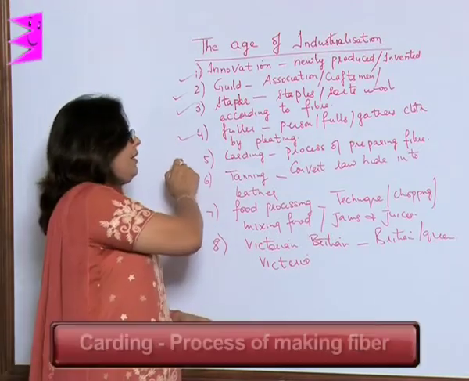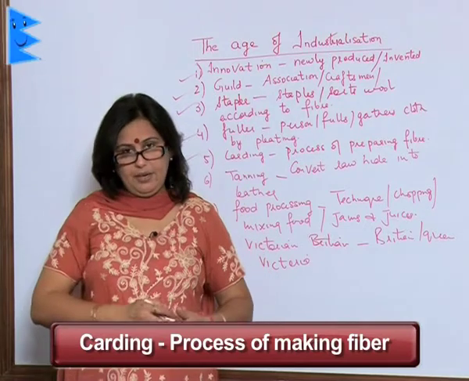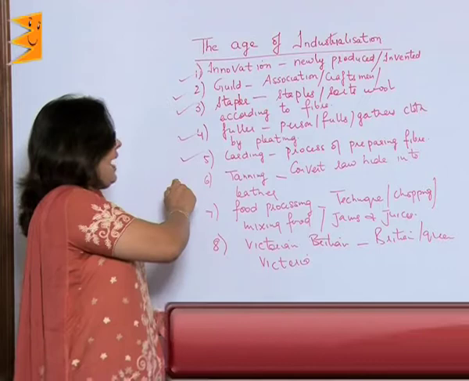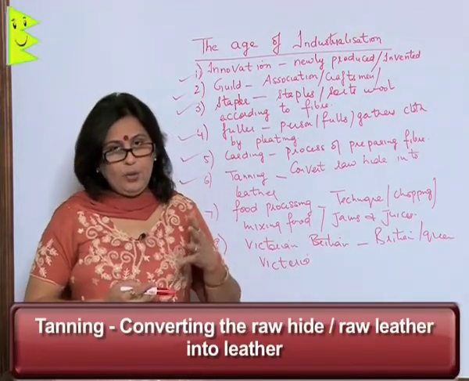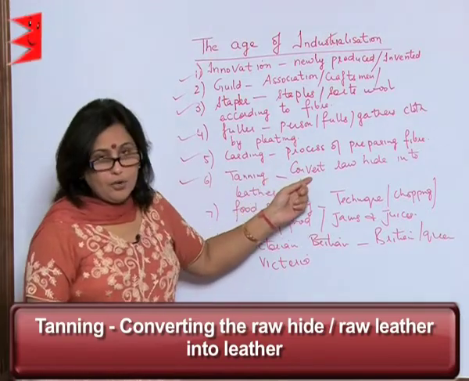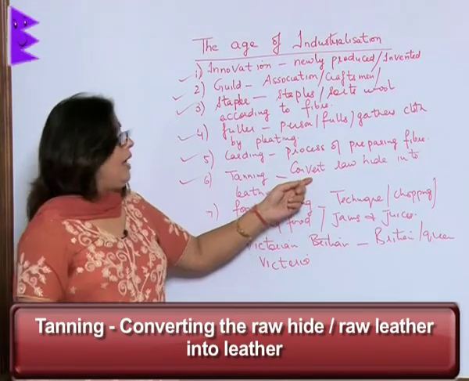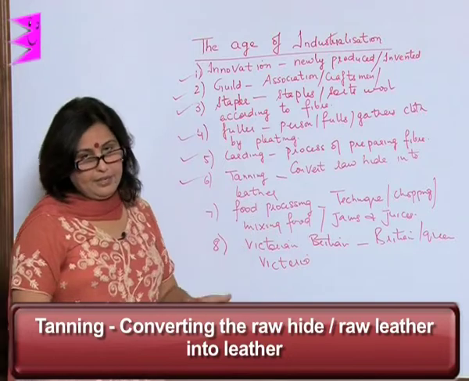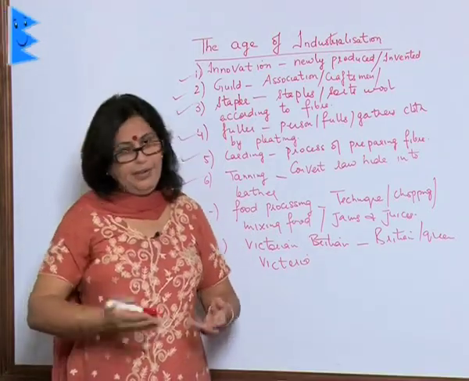Next is carding. The process of making a fiber is called as carding. Next is tanning. The word tanning is actually related to leather. So, when you convert the raw hide, that is the raw leather that you have, into leather, that's called as tanning, and tanning is done in a tannery.